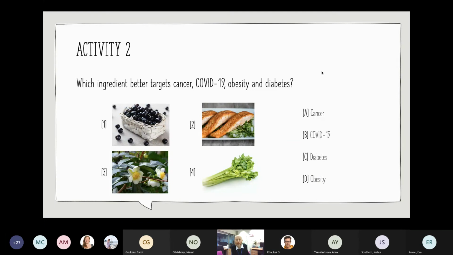So mostly people think that obesity is celery because, as you said, there aren't very many calories. I think that's probably a good guess. For diabetes, which is C, it's a mixture of results, but I think most people have thought that it was salmon for diabetes. Okay. So the answers are correct for diabetes and obesity.